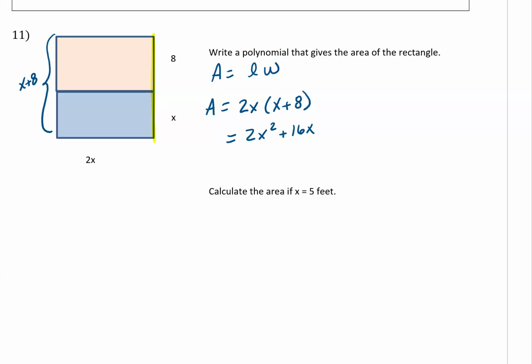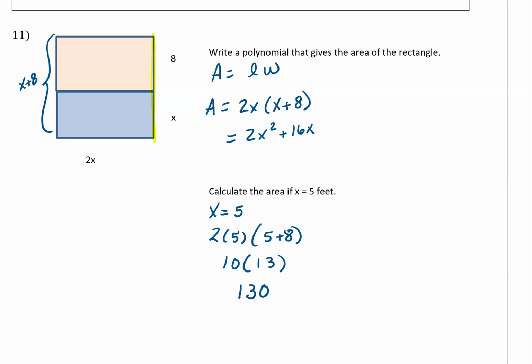Calculate the area if x is equal to 5. You can use either answer for your area. If we let x equal 5, you can go 2 times 5 times 5 plus 8, which would be 10 times 8 plus 5 is 13. And that would give us 130.